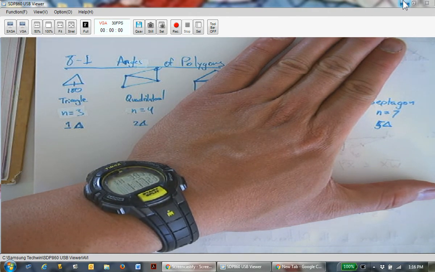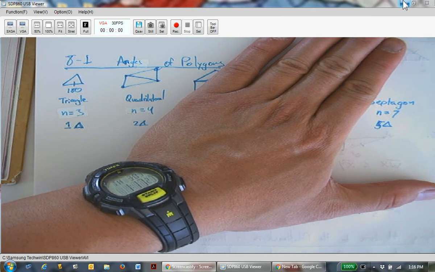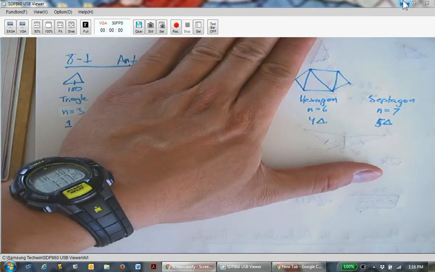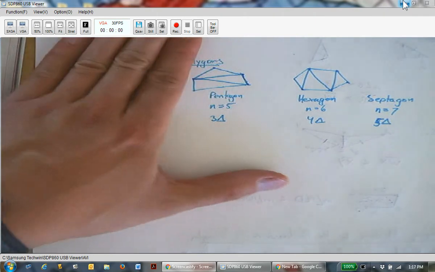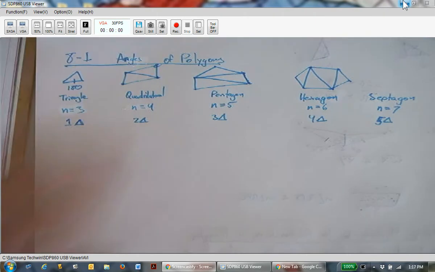How many more sides are there than there are triangles? Yeah, Alina? 2. How about over here? 2. How about over here? 2. Isn't that a weird thing, right? Every shape that you can think of, the number of sides, if you subtract 2 away, that'll tell you how many triangles you can fit in, okay?